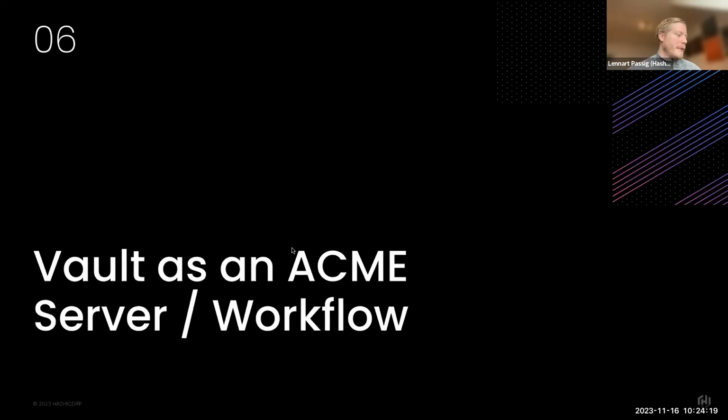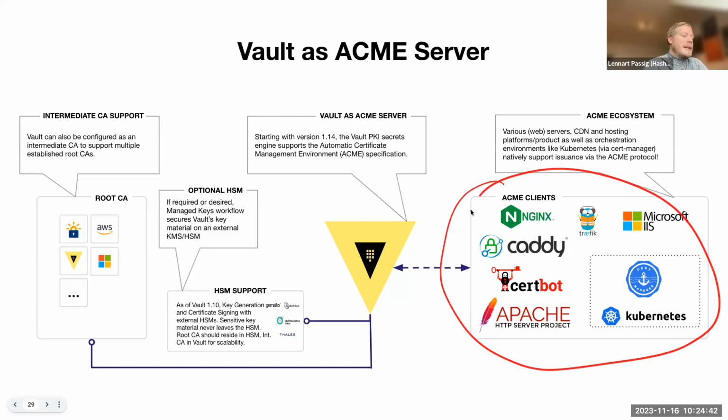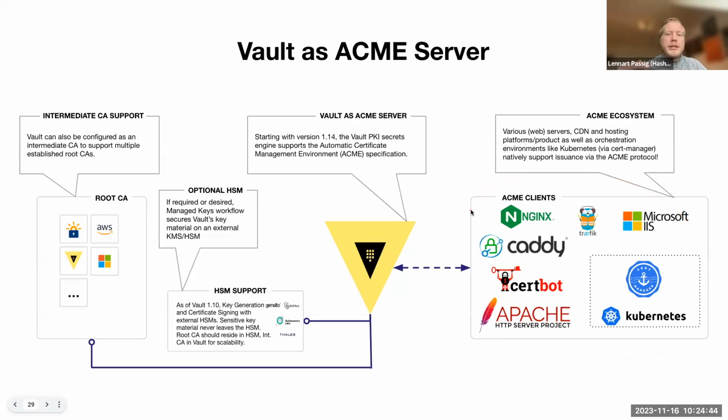All right. So Vault as an ACME server, how does that look like? As I mentioned before, this is now a similar slide to the first one. Once we have Vault 1.14, we can go ahead and create Vault with ACME itself. We have the ACME ecosystem right here: Caddy, Circuit, Apache, IIS, however you want it.